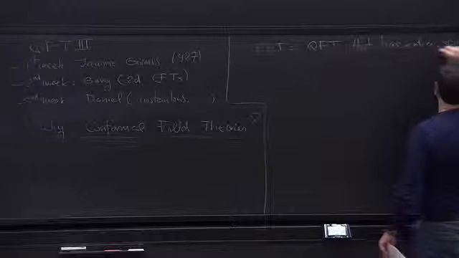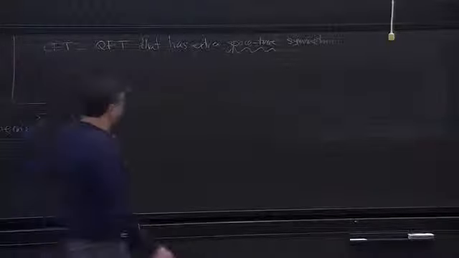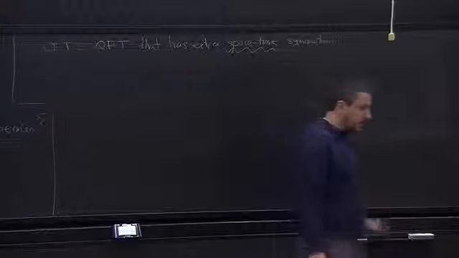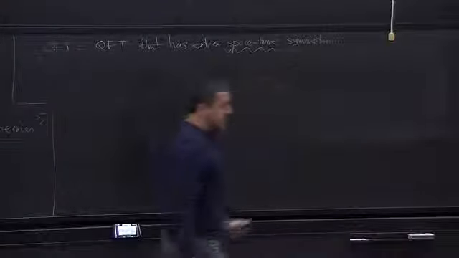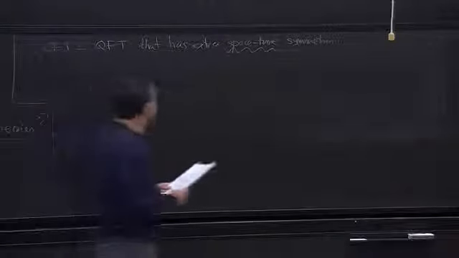Here I use the word space-time to distinguish it from, say, standard global symmetry. You can have a theory that has global symmetries, and of course quantum field theories have typically, at least classically, many global symmetries. Here we're talking about a very specific and very special type of symmetry, which is a space-time symmetry. These are transformations that act on space-time.